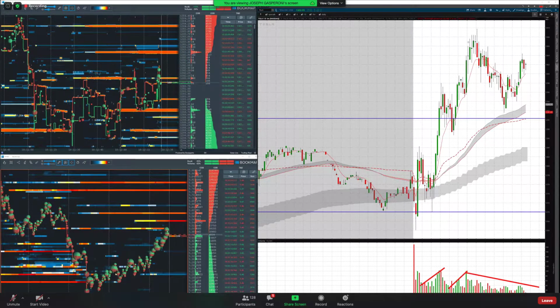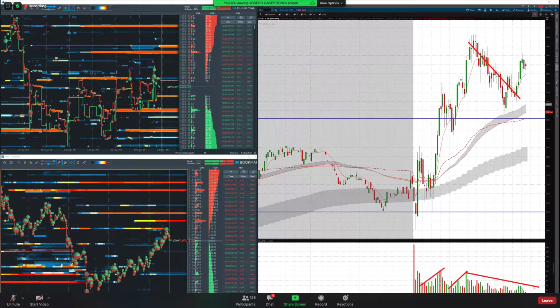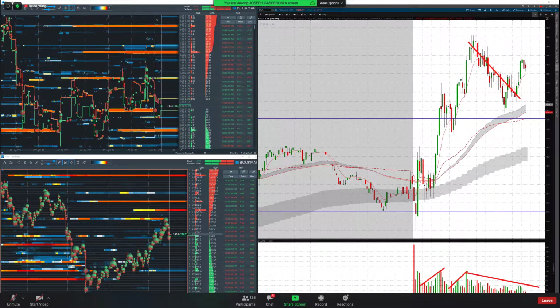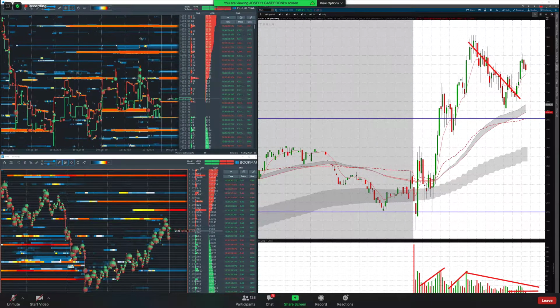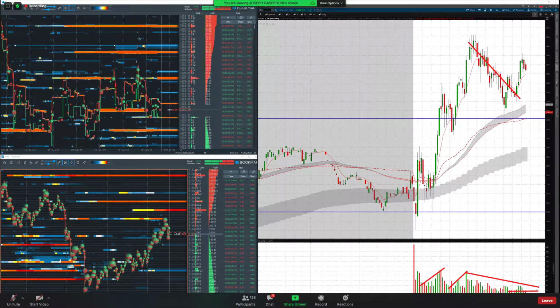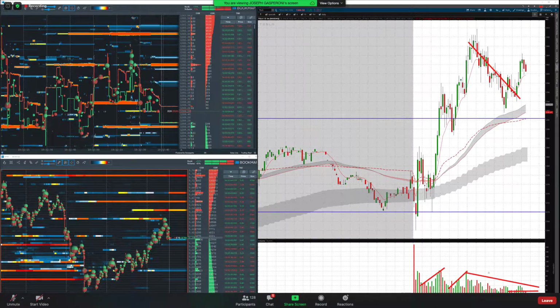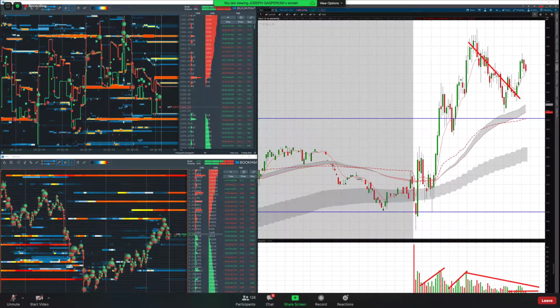So from this level down here, we start having a fade of volume. It's still decent volume because often we see Tesla moving with at least 20,000 per minute volume, right? But you don't have any more that huge amount of volume over here of the open, the first 30 minutes, then it started to fade some.